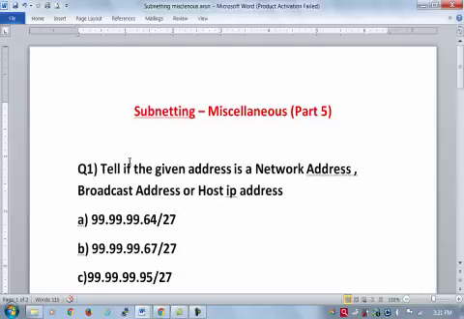So what this problem is saying is, if I give you this address, for example 99.99.99.64/27, how will you tell me whether the given address is a network address, a broadcast address, or a host IP address? You will not find the solution which I am providing anywhere.